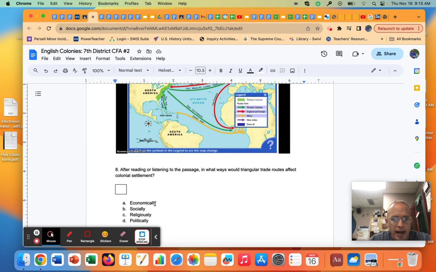Did it affect them economically? That's choice A. Did it affect the colonial settlement socially? B. Did it affect them religiously? C. Did it affect them politically? D. Okay, so you got to pick the best answer. Which one was affected according to the triangular trade? All right, moving down, a few more left.